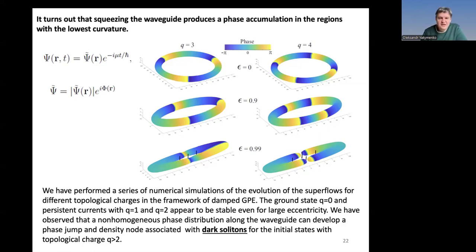And what if we squeeze this trap? What happens then? It's very interesting. This plot shows the density as a surface with additional phase. So you can see that the phase has three jumps here, which means you have three vortices inside of the circle.